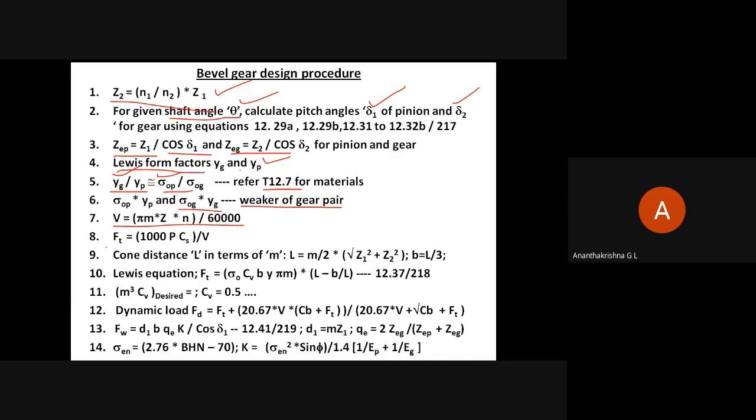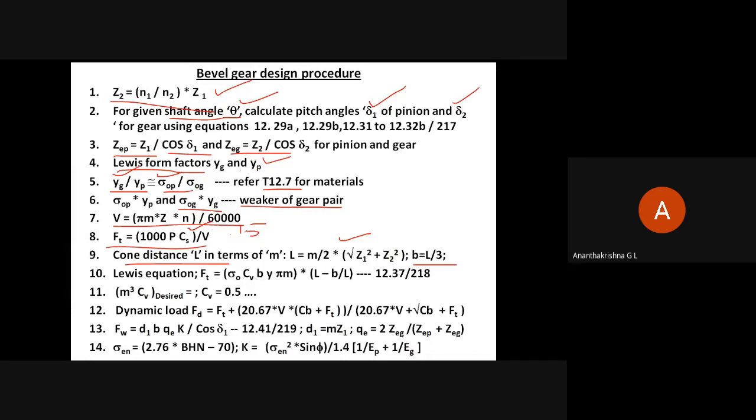Then the tangential tooth load, with service factor taken as 1.5 if not given. And then find out the cone distance L given by m by 2 into root of Z1 square plus Z2 square. Please note down the equation numbers from your respective data handbooks. And b is taken as L by 3.